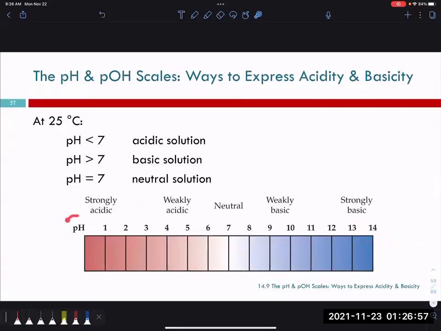As the pH number gets smaller, your concentration is actually getting greater.